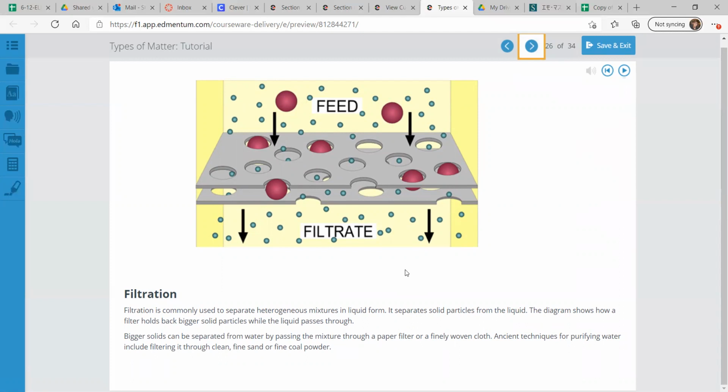So that is what filtration is. Some type of cloth or paper holds back large particles and lets smaller ones through. And there's an ancient technique for purifying water. You filter water through very fine sand or fine coal powder. And here's a good diagram for that.